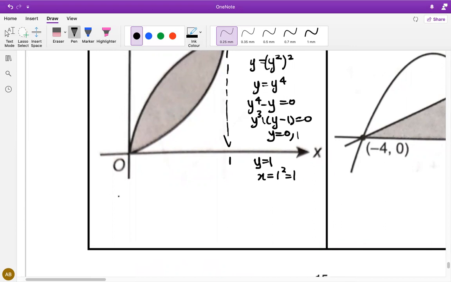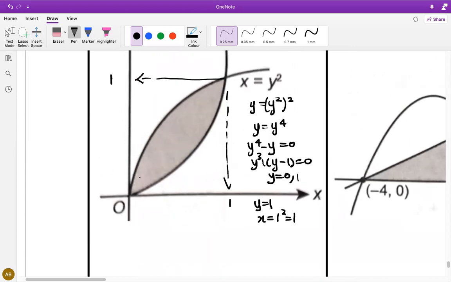So now I can find my area of the shaded region. So I use above minus below. From 0 to 1, above is this one, right? So x equals y squared, so we need to change into y.